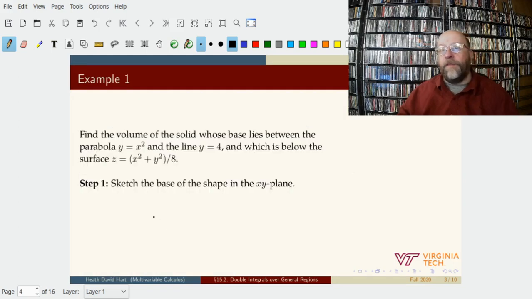The first step of the process is to sketch the base of the shape in the xy plane. You will want to be able to do this at least in your head, if not actually on paper. The base included the parabola y equals x squared, and then the horizontal line y equals 4.